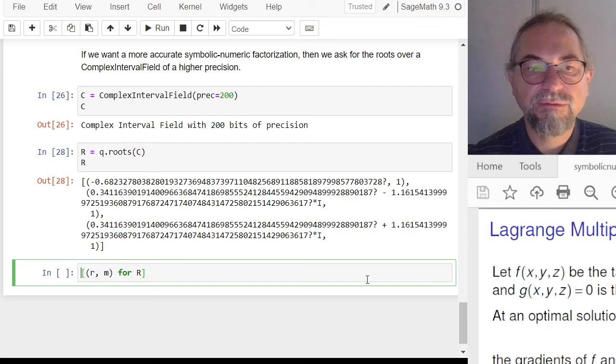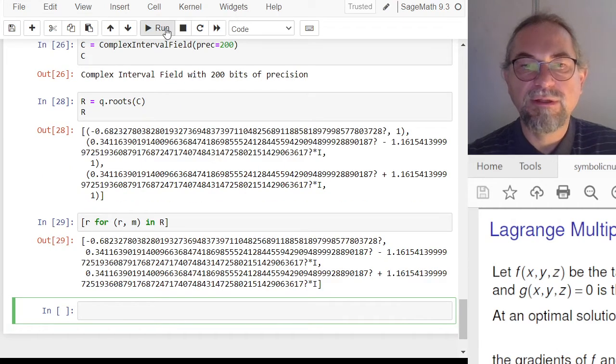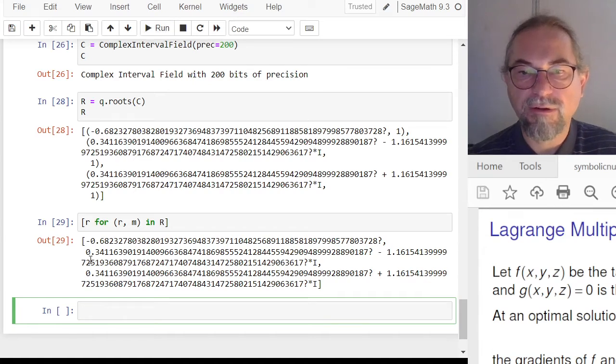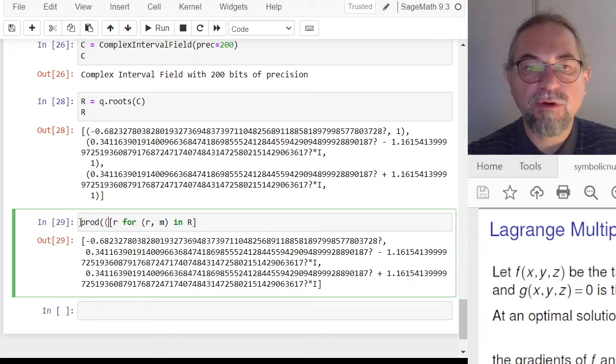splitting off the multiplicity. So this gives me the multiplicity removed. So now I have a list of numbers, and I can use the product of x minus r.